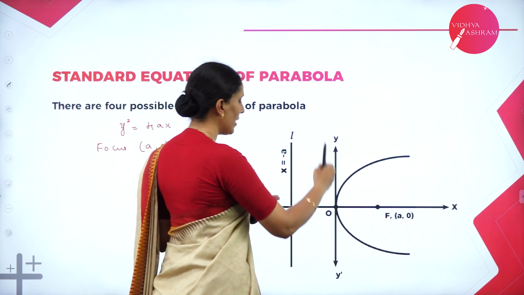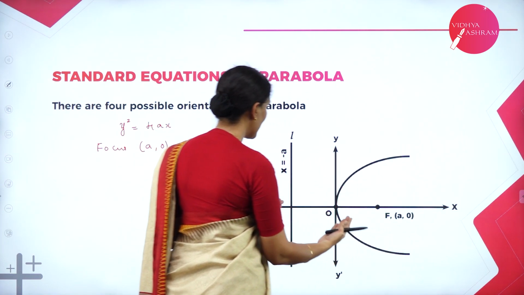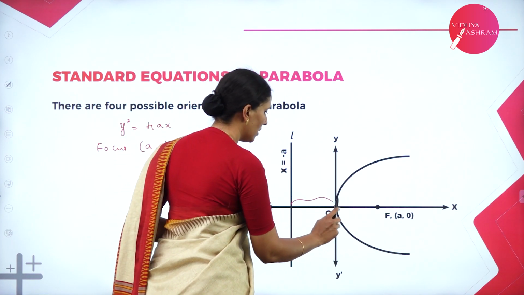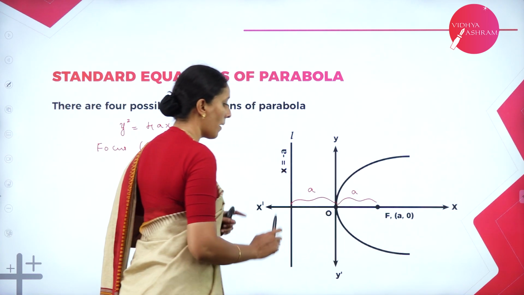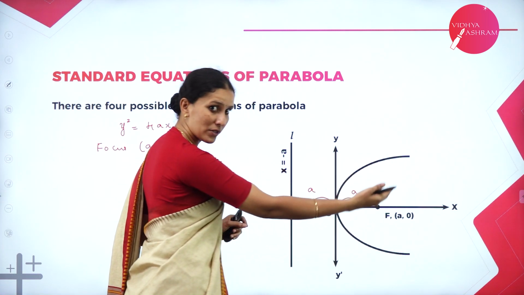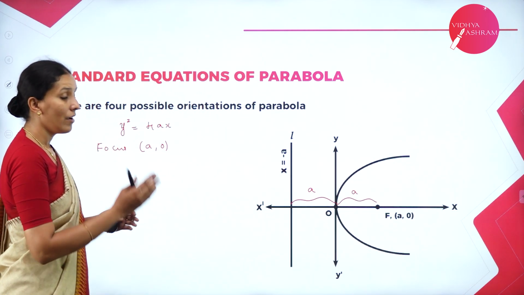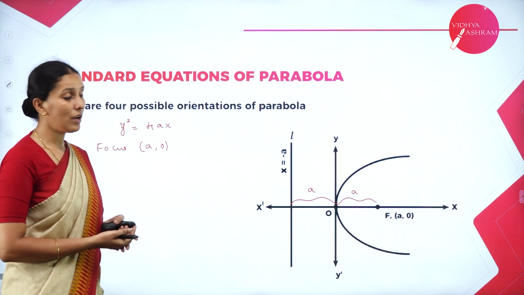If the focus lies on the positive side, obviously the directrix will be on the negative side because the distance should be equal. This is a, this is also a, but the focus lies in the positive direction whereas the directrix lies in the negative direction. Depending upon the focus and directrix, the direction of the parabola changes.